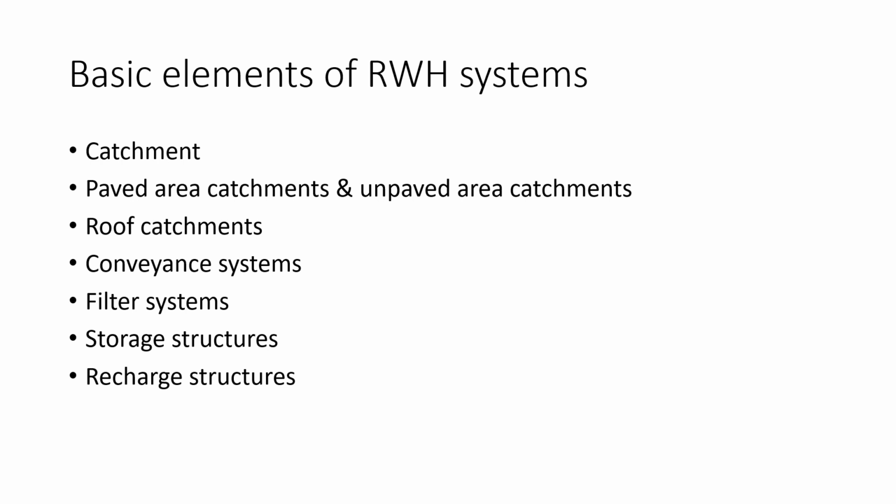And coming to the roof catchments. Roof catchments have the maximum runoff and are generally considered clean and safe. However, we have to keep in mind that there are certain possible contaminants. If we see India as a country, roofs in urban areas are mostly made of RCC, that means reinforced cement concrete.